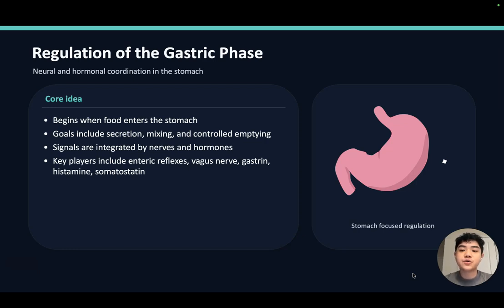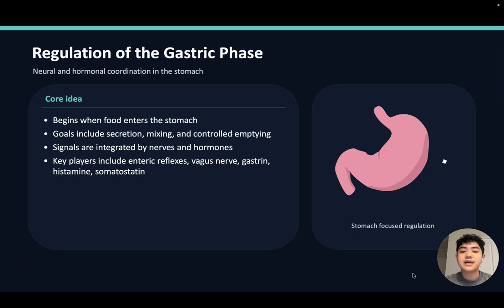The stomach needs to increase secretion, especially acid and enzymes, so digestion can proceed efficiently. It needs to increase mixing, so the meal turns into chyme. And it needs to control emptying, so chyme enters the small intestine at a safe pace.